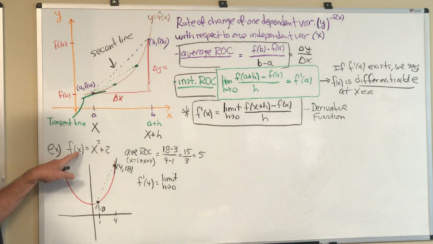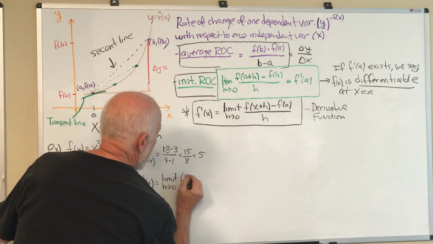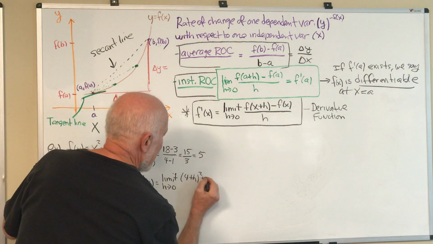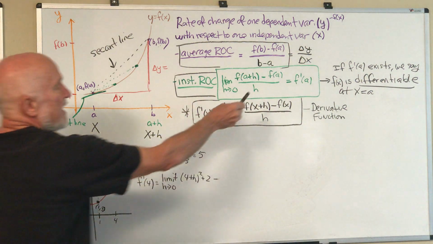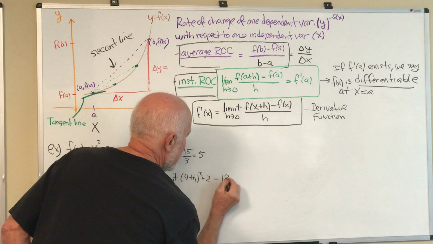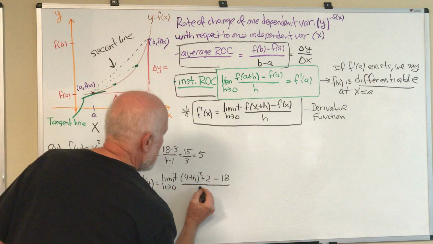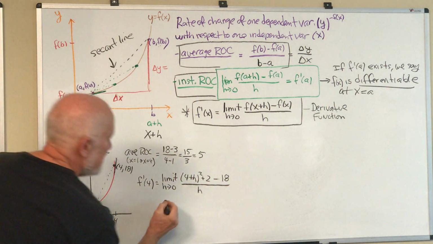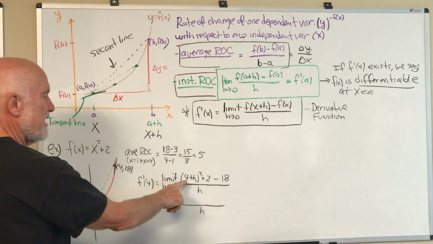Well, this is f of x, so what's f of 4 plus h? 4 plus h squared plus 2. And then you'd have to go minus f of 4. f of 4 is 18, all over h. And then you'd have to do a little bit of algebra.